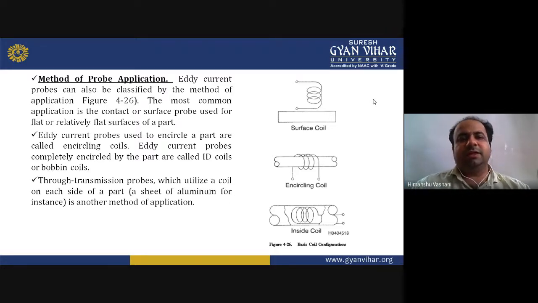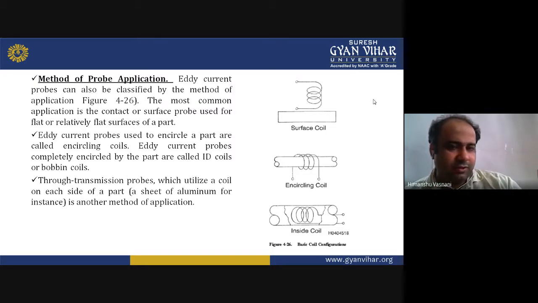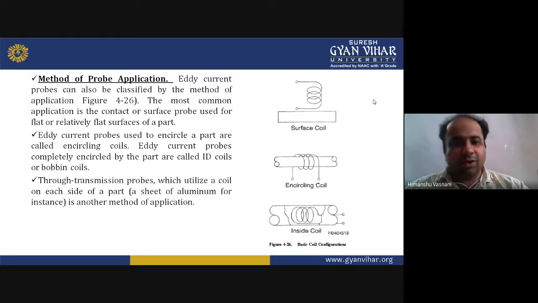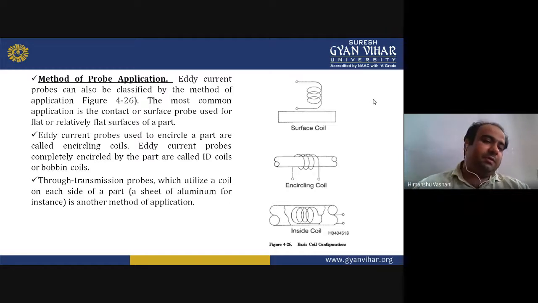So eddy current probes used to encircle a part are called encircling coils, and eddy current probes completely encircled by a part are called internal or ID coils or bobbin coils. Through transmission probes utilize a coil on each side of a part, like a thin sheet of aluminum. This is another method of application.